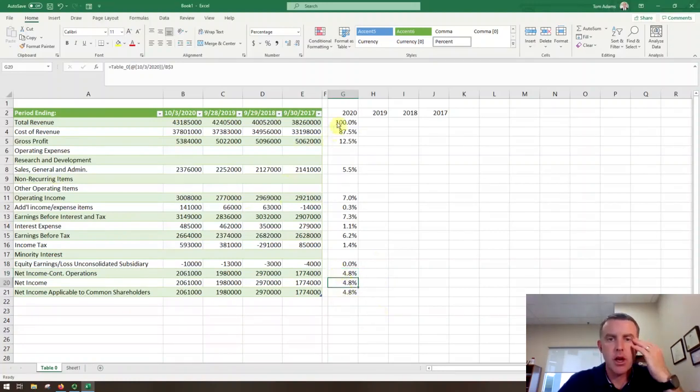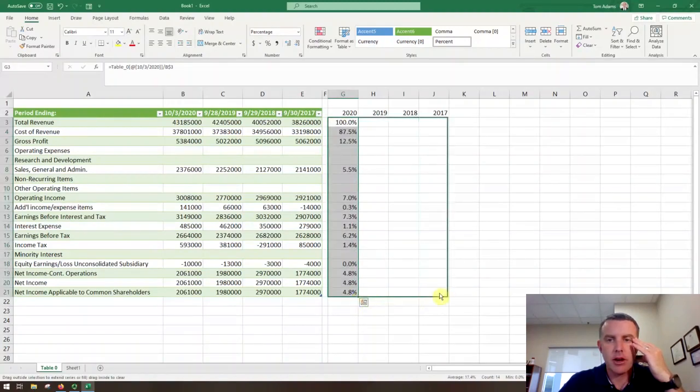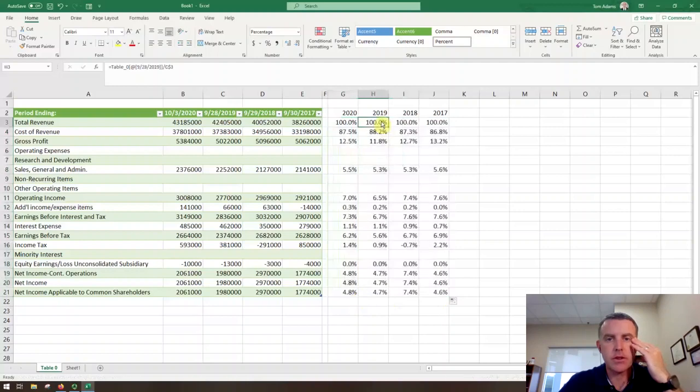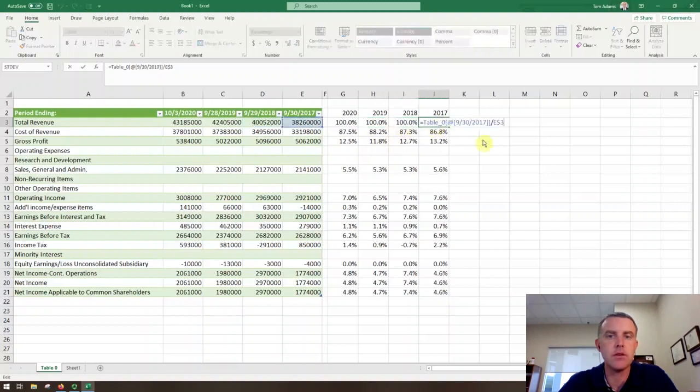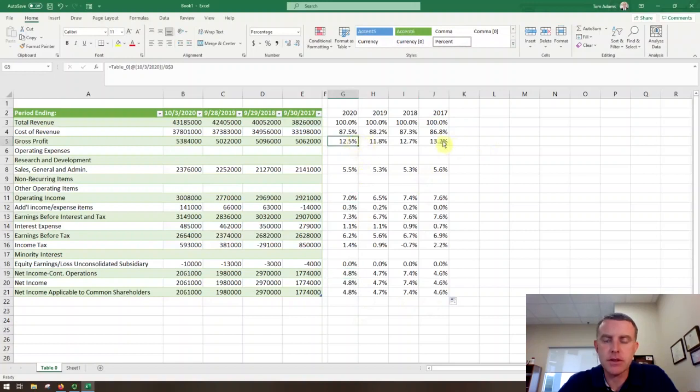So we can take these formulas and just carry them across, and so now if we did this correctly, we should be pulling from the appropriate years. So we have 2019 here, 2018, 2017, so we're good. It looks like their gross margin has bounced around a little bit. Back in 2017, they were at 13.2.